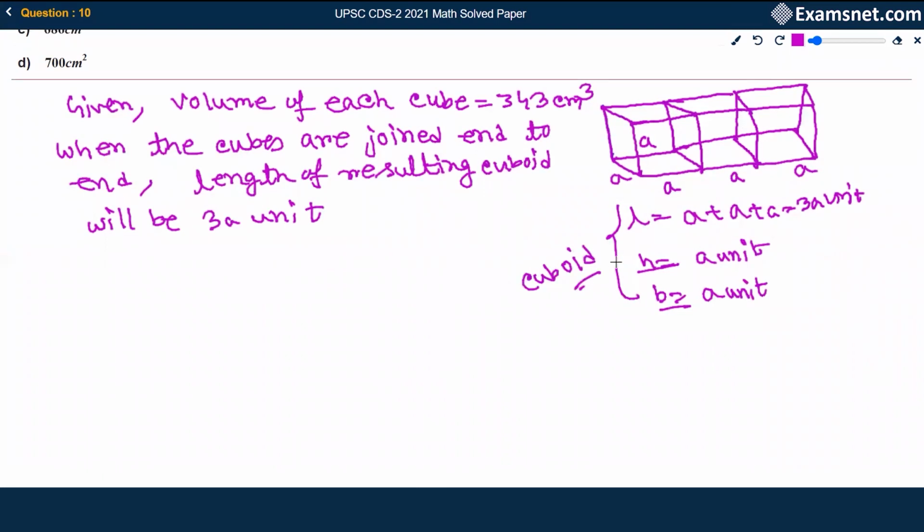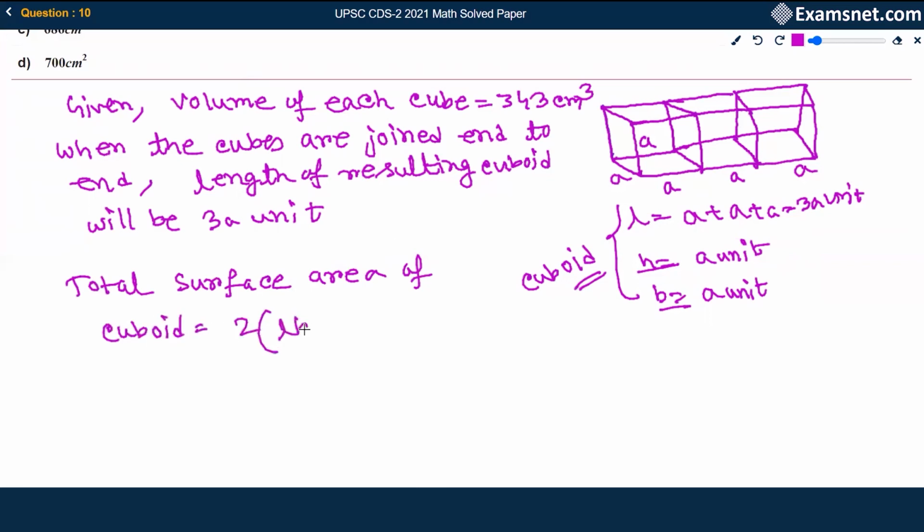Okay, now what is the formula for finding total surface area of a cuboid? Now let's write it down first. Total surface area of cuboid, the formula is 2 into LB plus BH plus LH. Correct?